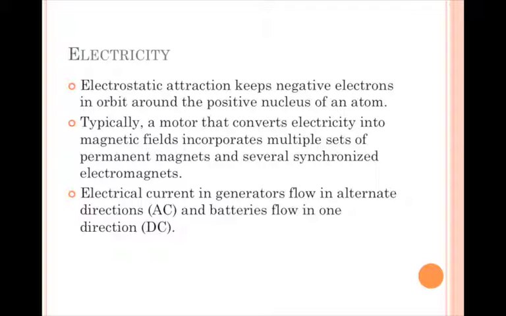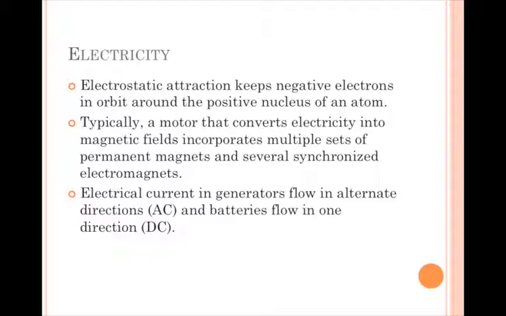Electromagnets, however, are created through an electrical current, and you can actually turn them on or off. Most of the electrical appliances that we use today have both permanent magnets and electromagnets. We'll do some investigations with these in class.